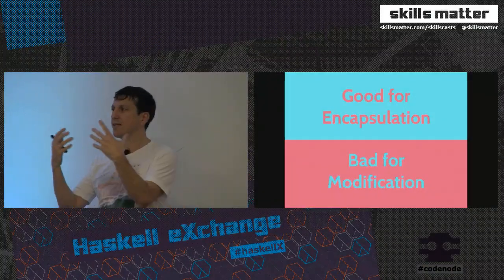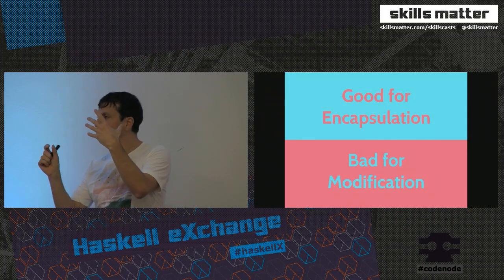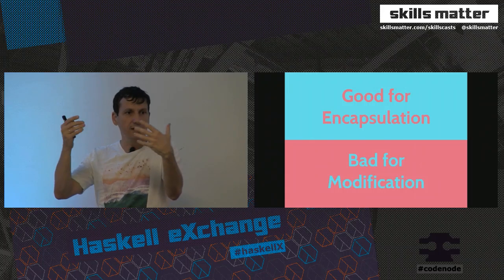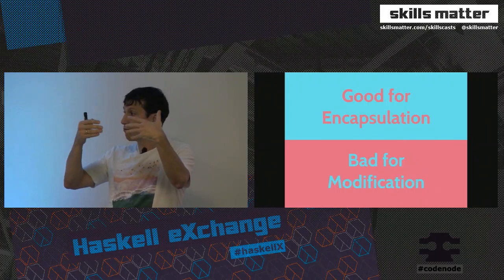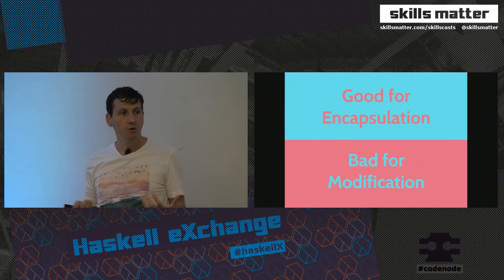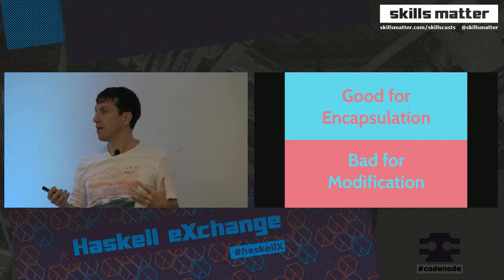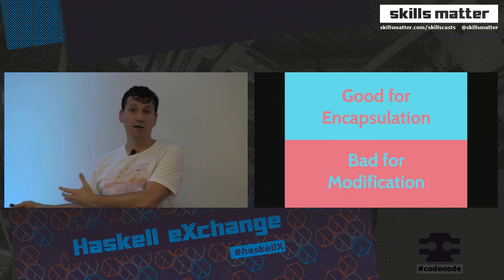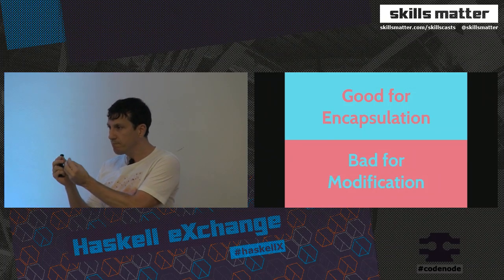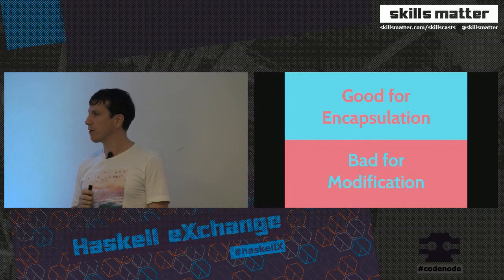But this is also a drawback, because sometimes we write functions, we know how they are implemented, and we would like to have almost the same function, but with something slightly different inside. But if the function does not give us the opportunity through its API to change anything, we are done. We cannot change that thing. And if that function comes from a library, it's even harder to change it, just to modify one piece of behavior. So that's really annoying.